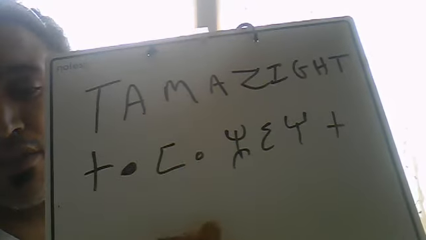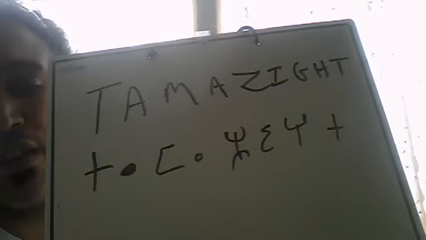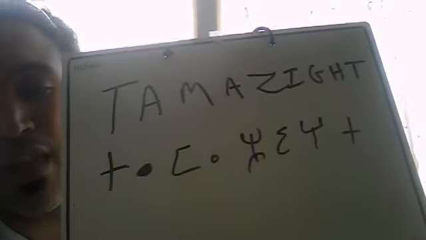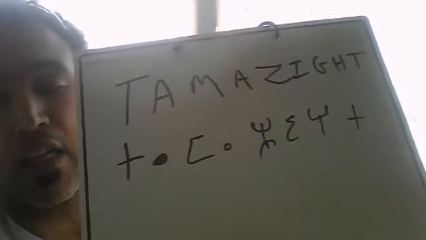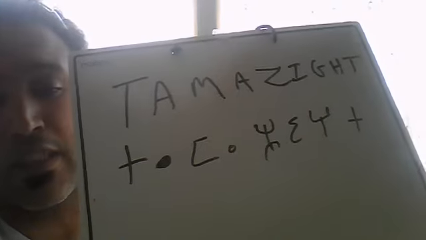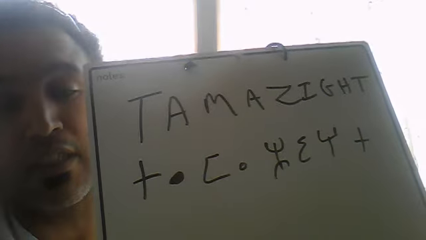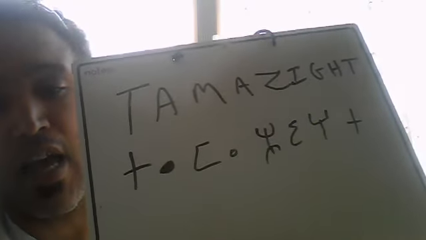Tamazight. As you see here, each word goes straight under the other in Latin, so you can remember how you spell them. We say the language is Tamazight. The person who lives in the countries where we speak Tamazight is one person, we say Amazigh.